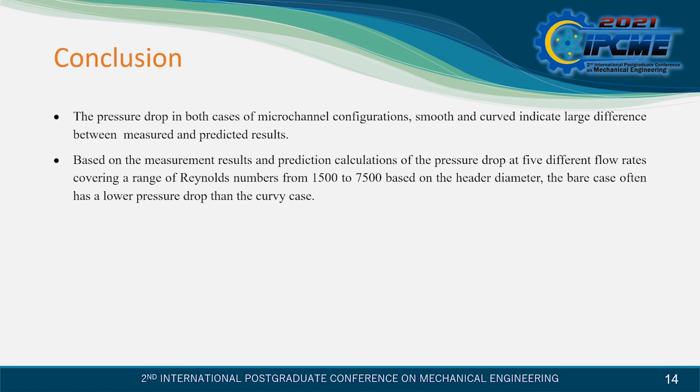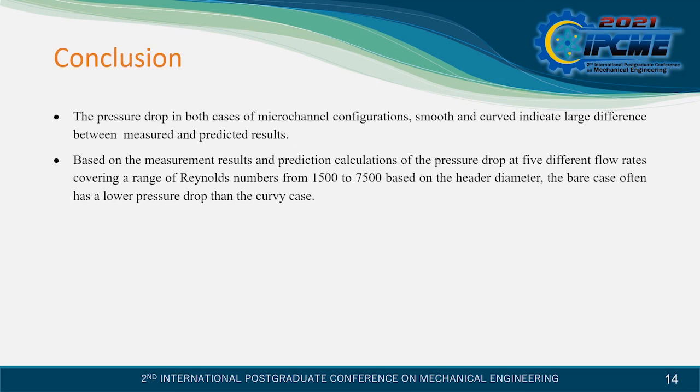This work can be summarized and concluded as follows. The pressure drop in the microchannel heat exchanger is measured, calculated, and analyzed for two cases of protrusion configuration of the microchannels in the header. Five different flow rates, with five different Reynolds numbers varying from 1500 to 7500, have been considered in this work.